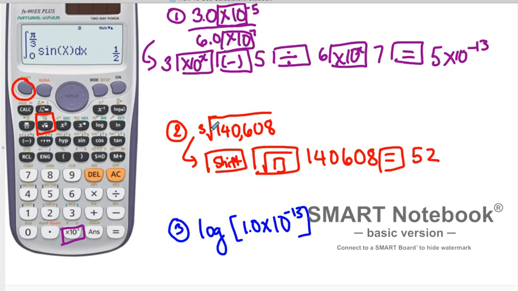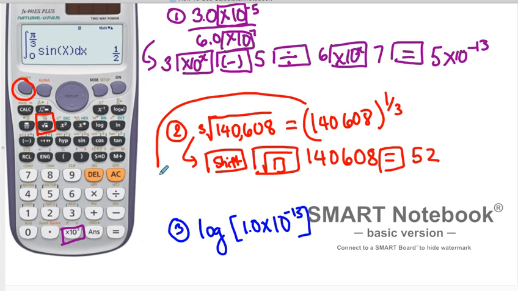Another way of writing this equation is to actually take 140,608 and take it to the power of 1 over 3. So that's the same thing as cube rooting. To write this down into your calculator, which I'll put the line here, you have to put in the number first, 140,608.